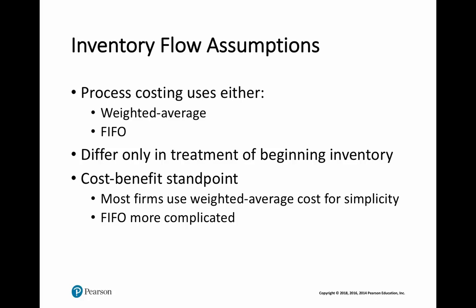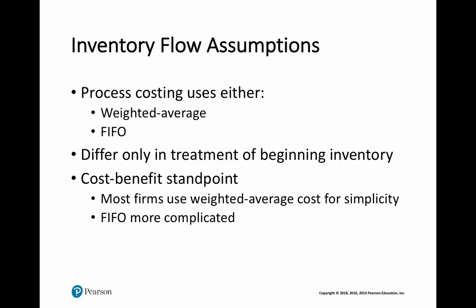So for this class, we're only going to use the weighted average method, and from a cost-benefit standpoint, it's what most firms use anyway, because it's so simple and easy to calculate. So that's why we're going to teach that to you. If you later get into a company that uses the FIFO method of process costing for equivalent units, that'll just be a little more learning for you to do.